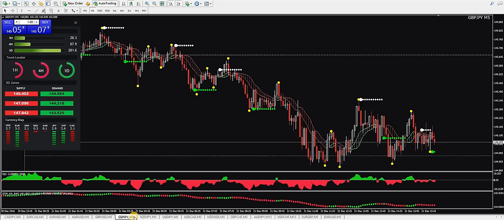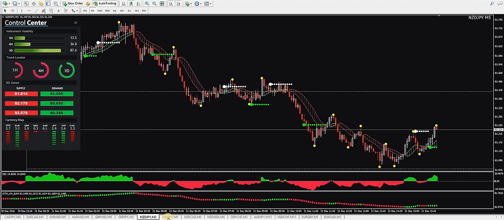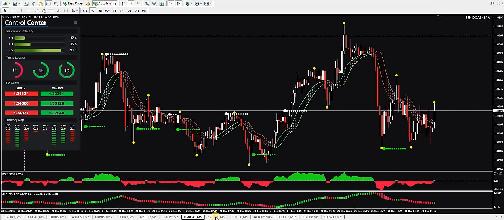Let me just do a quick run through. This could be a potential setup as well. 2 higher time frames. Again, 2 higher time frames, green, green.